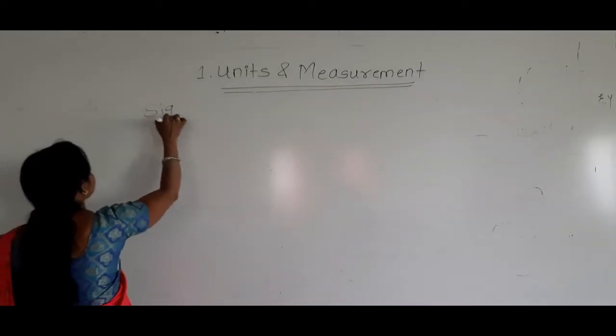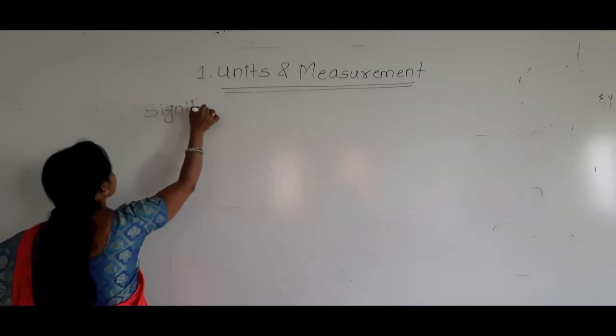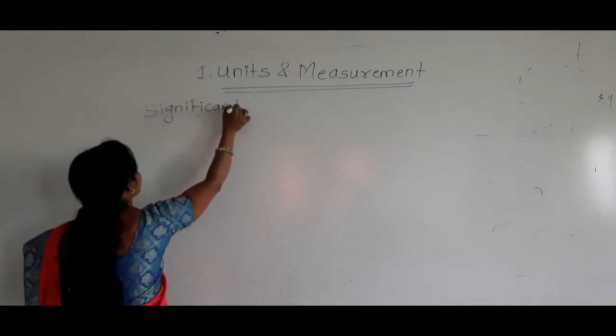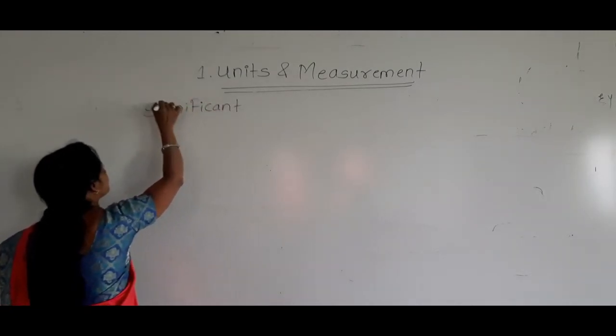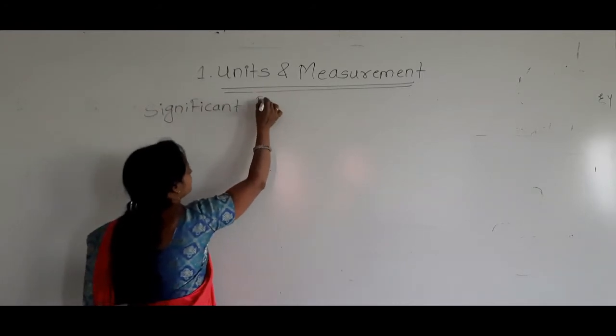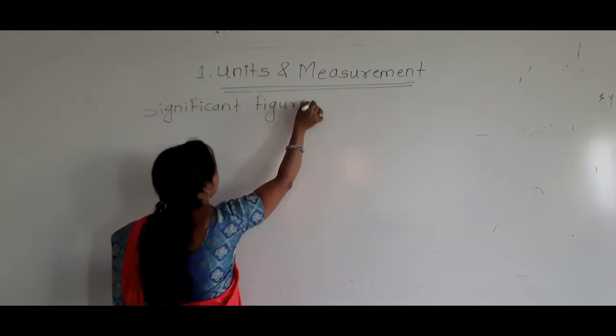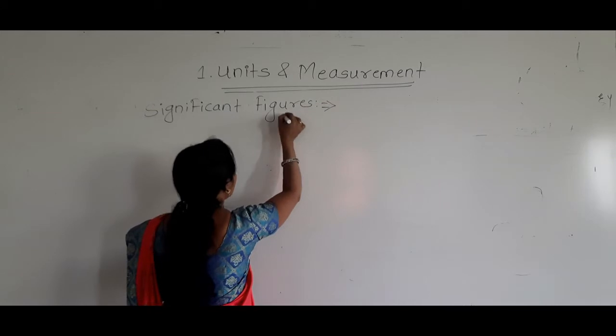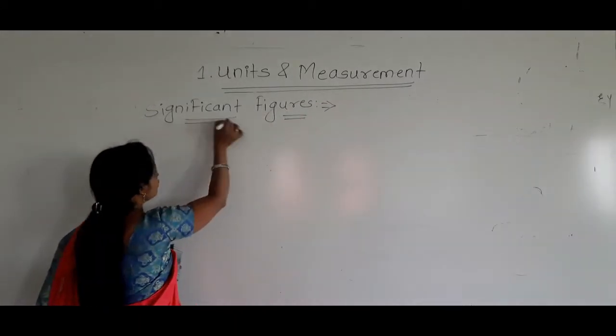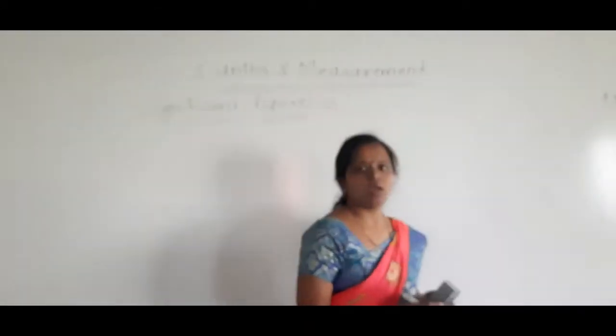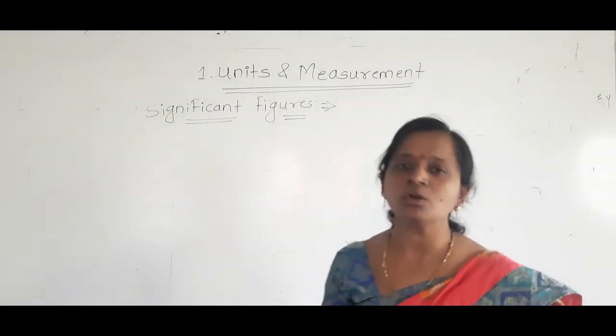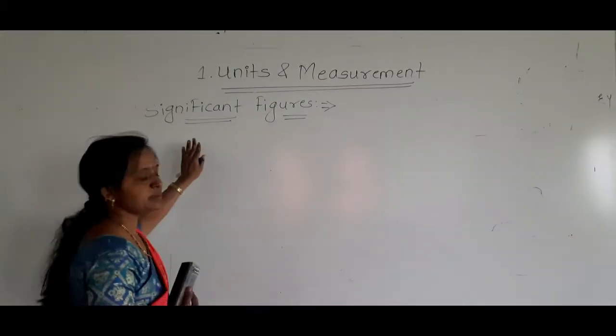Significant figures. At first we have to know about the significant. What is meant by significant figures? Significant figures can be defined as the measured value of a physical quantity, and it is the sum of reliable digits and the first uncertain digit. Significant figures, what do we have to see?